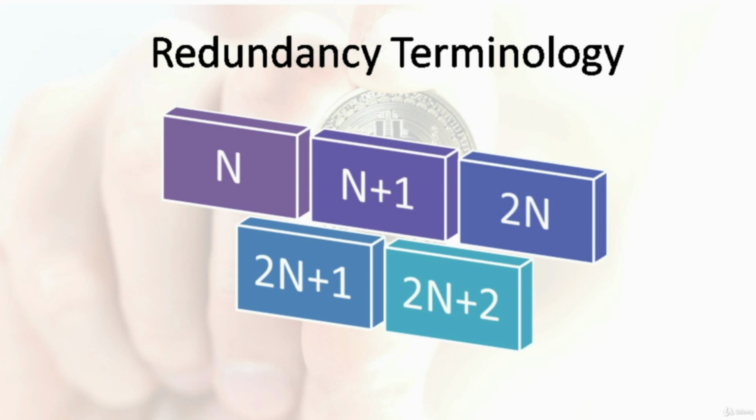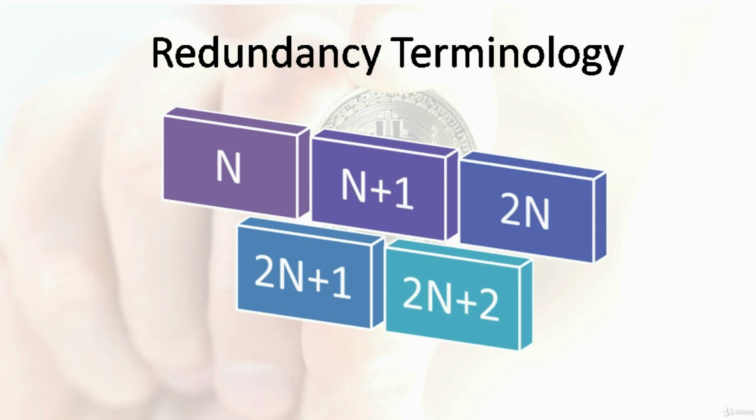As for N plus 1, it is an environment where the amount required to run the environment is applied with a single additional component, with the option to turn the redundant component into operation as needed. As an example, a third UPS is added to a system that requires 2 UPS, with the potential to take over for either of the 2 required UPS devices when one is down.